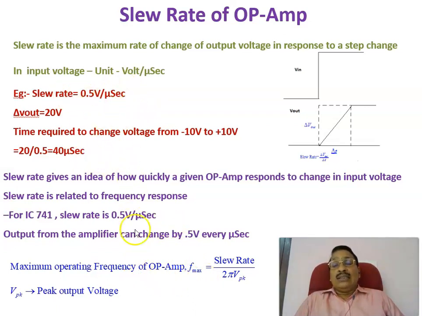The maximum frequency of operation, F max, is equal to the slew rate divided by 2 pi times V peak, where V peak is the peak value of the output voltage. As the slew rate changes, the maximum frequency that can be operated will change.